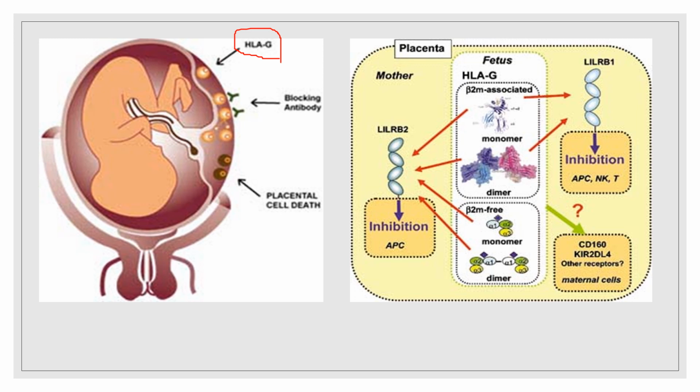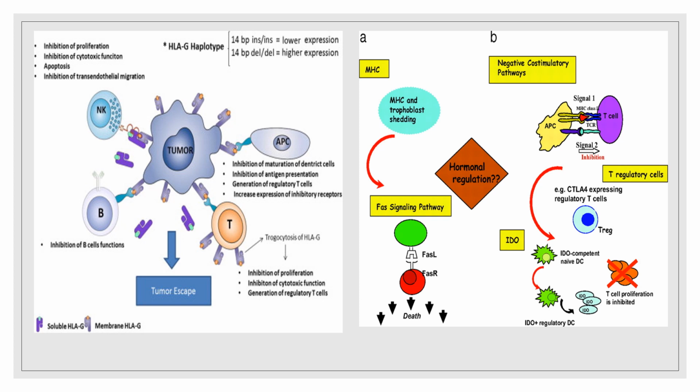If you see its function, this non-polymorphic HLA-G will inhibit the antigen presenting cells or APC. It will inhibit the NK cells, the T cells, all types of immune reactions. Therefore, there will be no development of antibodies against this fetal protein. This is very unique. Another explanation could be that there is Fas ligand on the surface of the placenta.